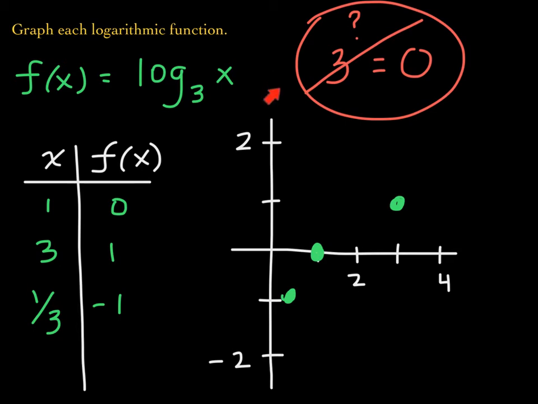In other words, it'll get infinitely close to the y-axis, but it will never cross it. What I'm trying to convince you of is there is a vertical asymptote right here on the y-axis. So when you draw your curve, make sure you get infinitely close to the y-axis, but that you never touch it, all right? Never cross it. So there's your logarithmic curve.